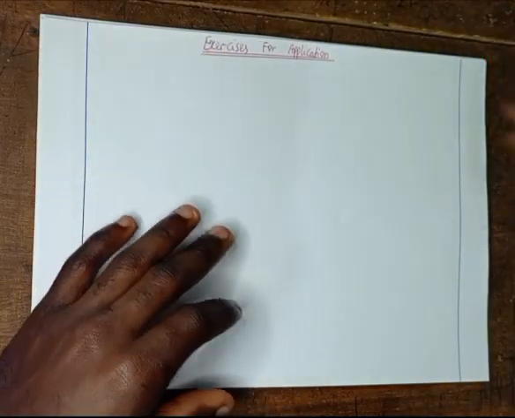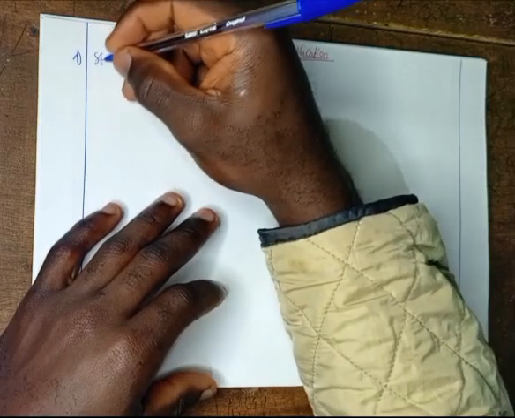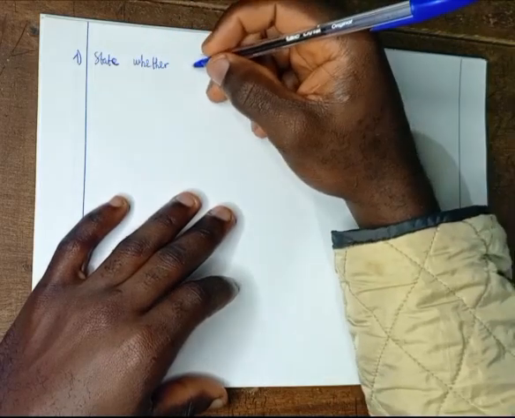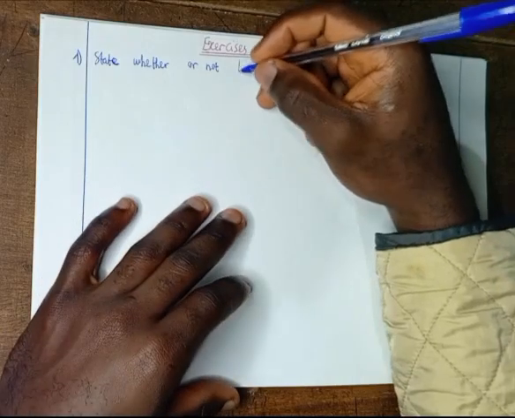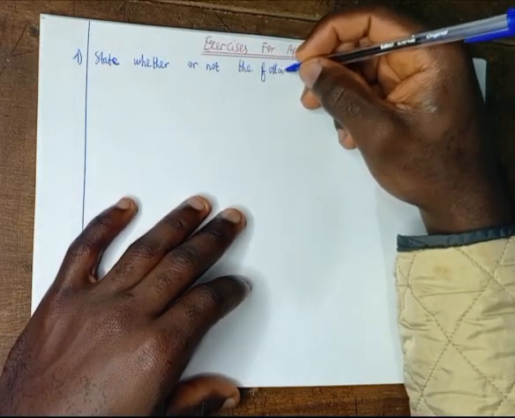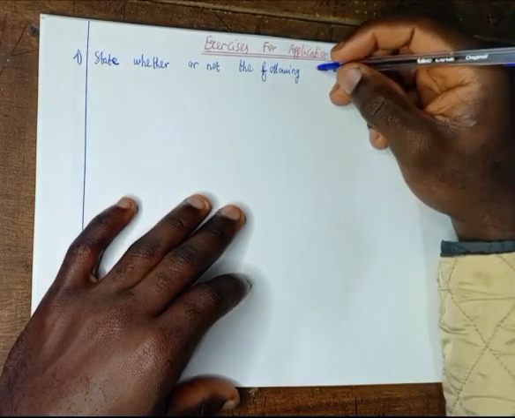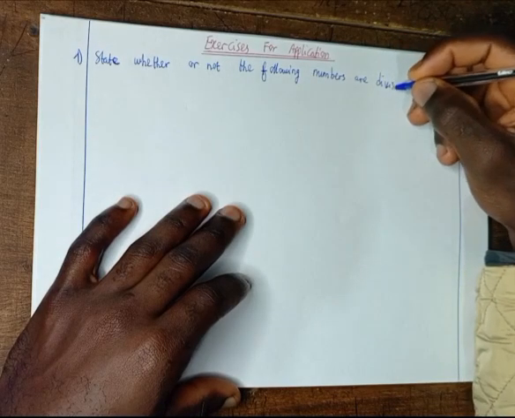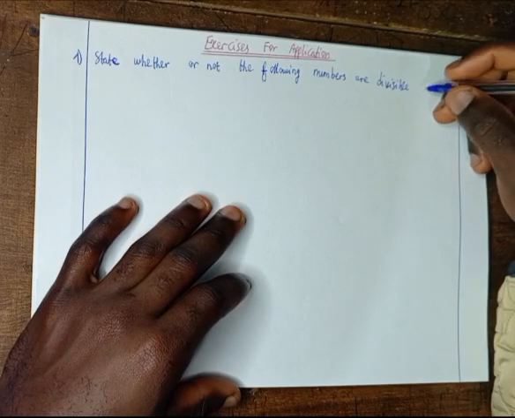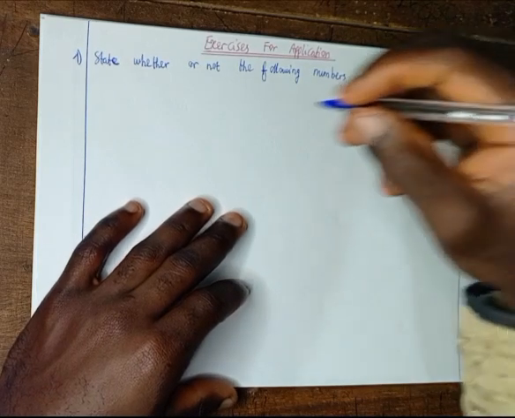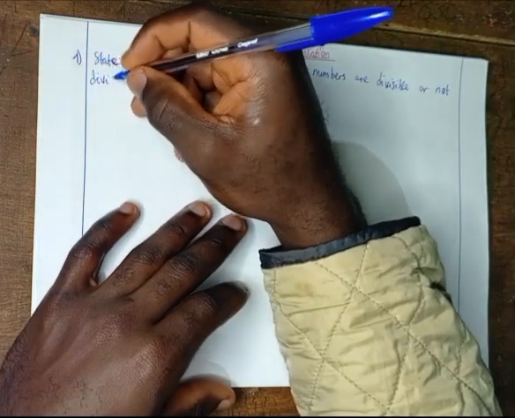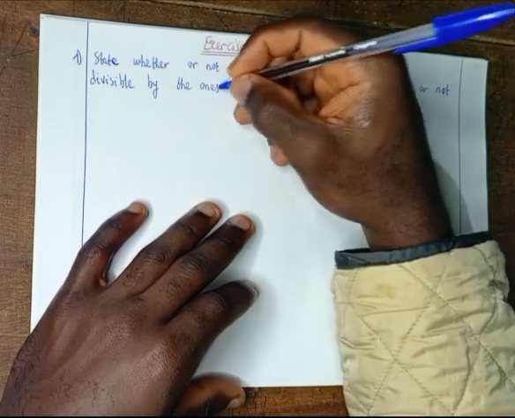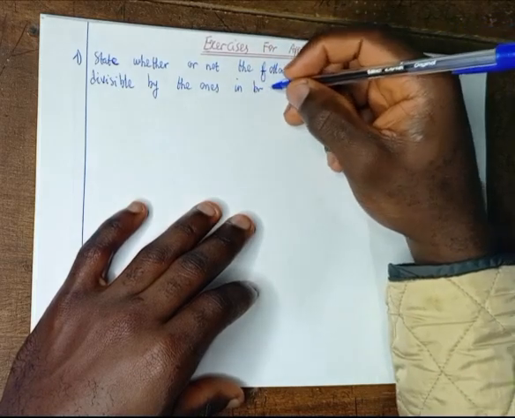The first one says state whether or not the following numbers are divisible or not divisible by the ones in brackets.